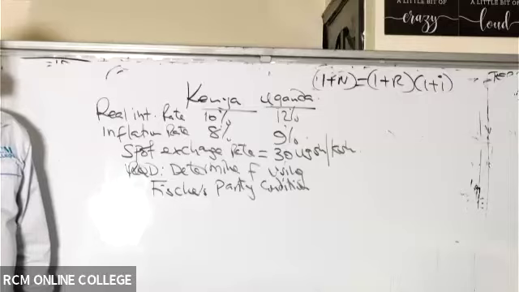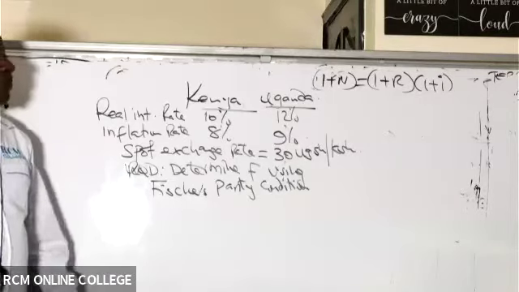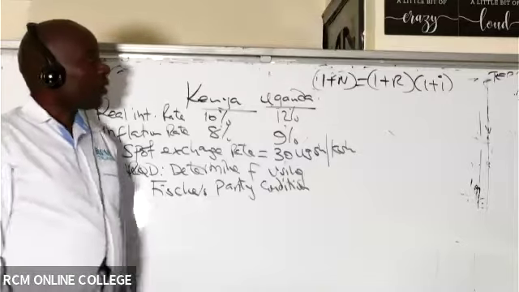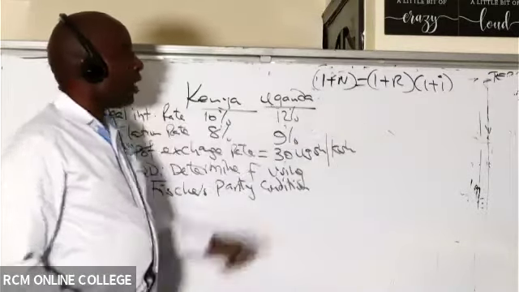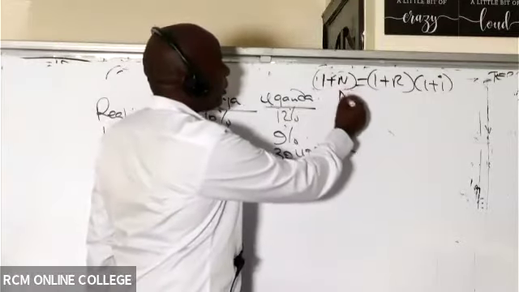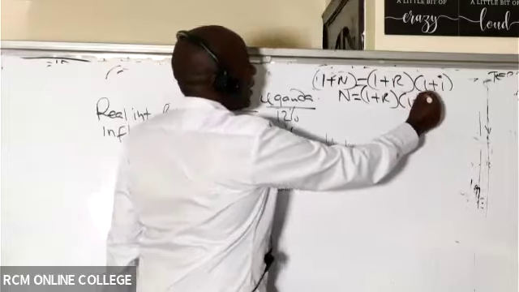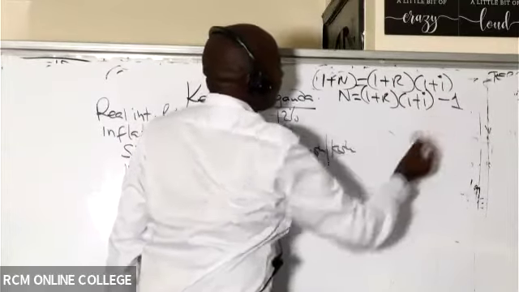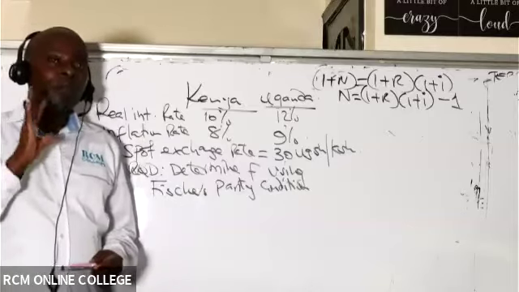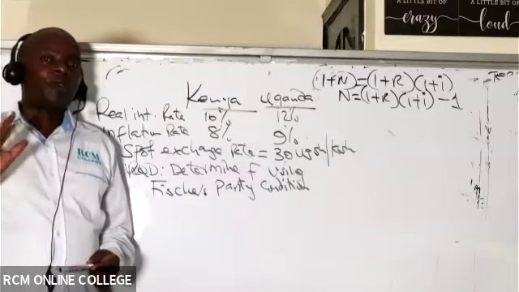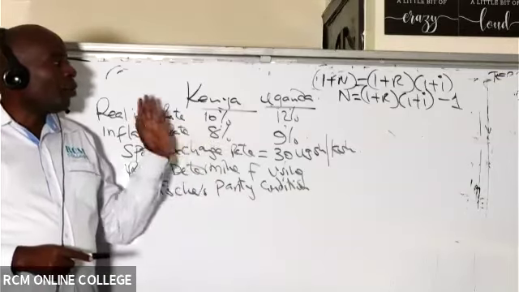Same as in capital budgeting. 1 plus nominal rate of interest into 1 plus real rate of interest, and then 1 plus inflation. So basically nominal will be equal to 1 plus R into 1 plus I, minus 1. So remember, Fisher's makes use of the nominal N for each country. So you must give us the nominal for Kenya and the nominal for Uganda.